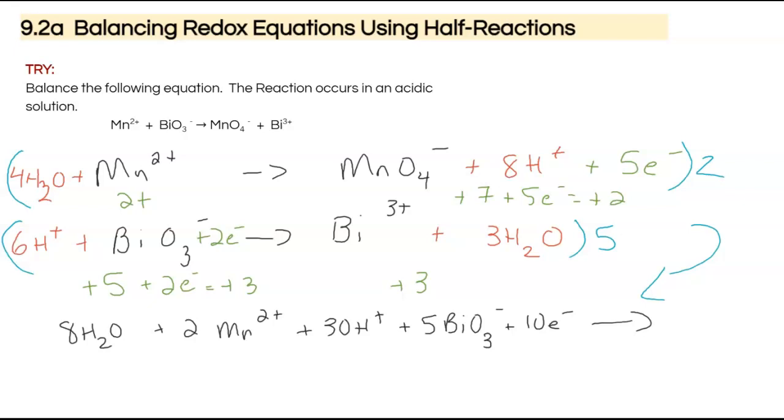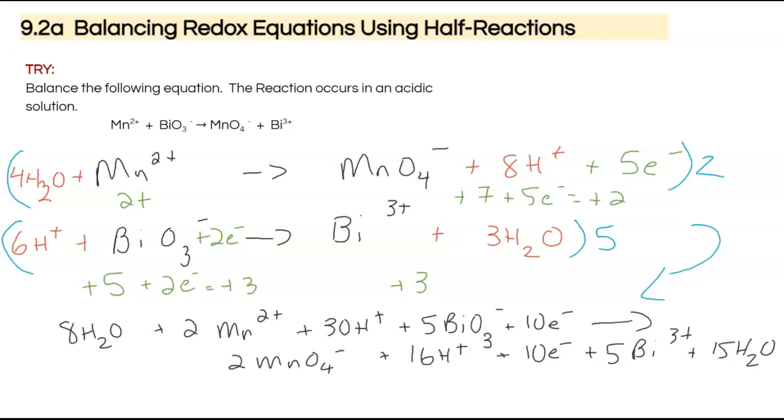That's going to give me 2 permanganate ions plus 16 hydrogen ions plus 10 electrons, in addition to 5 bismuth ions and 15 waters. Okay, so there we go.